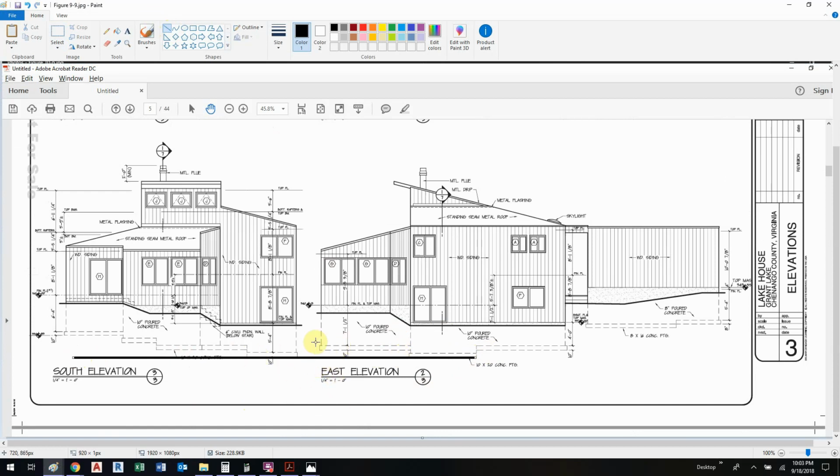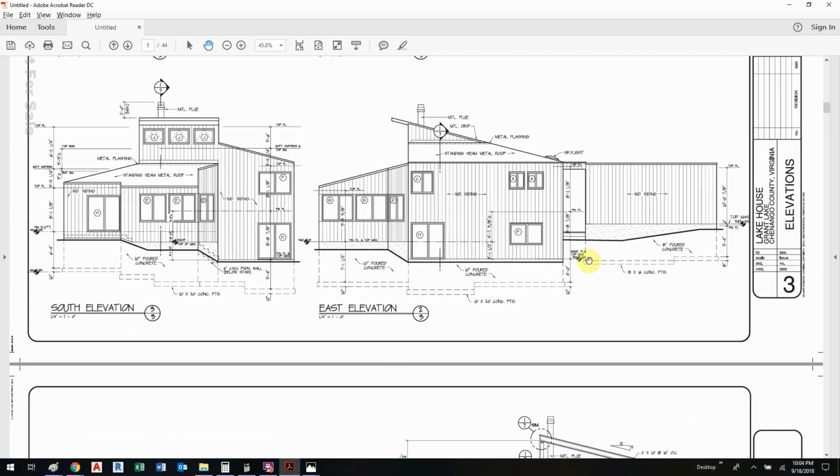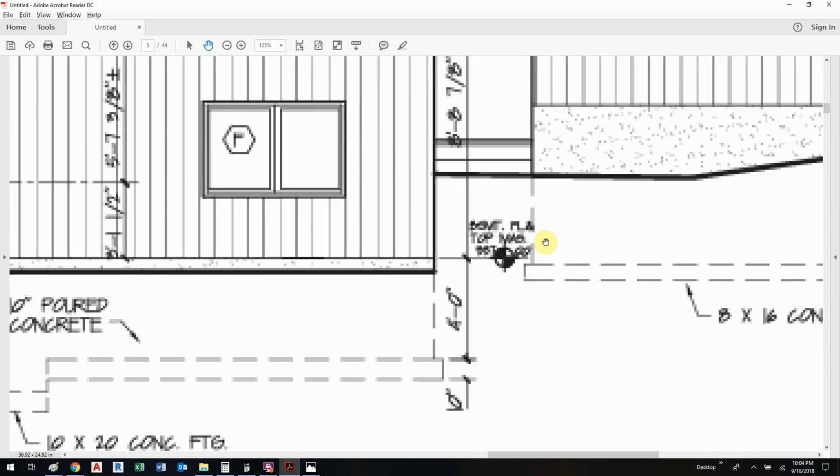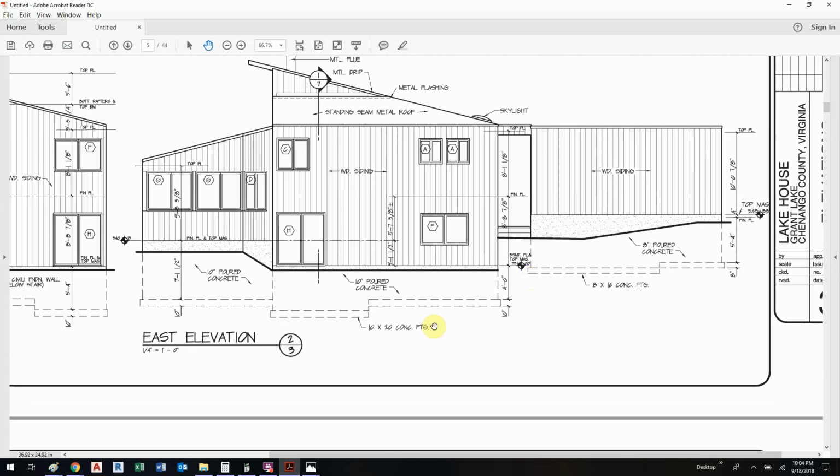All right, so what is our distance here? Well, we don't know, do we? So right here, it tells us that the basement, let me go back over to this one here. Our basement floor top of masonry is 337. Okay. Now what is this?